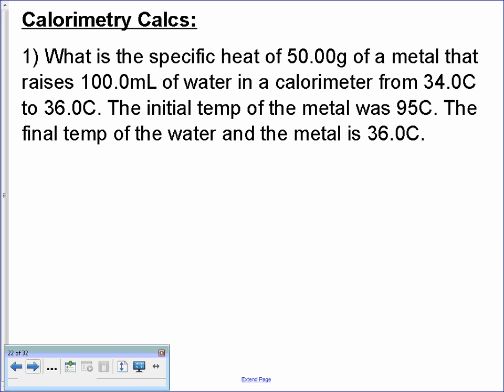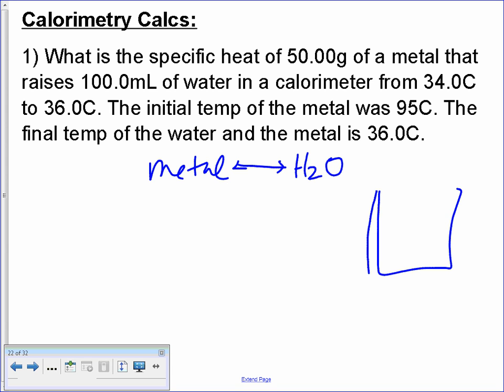All right, calorimetry. This should ring a bell. I want to pull some of this back to the forefront of your brain, because you know this stuff. Whenever you're given calorimetry problems, that generally means some exchange of heat between a substance and another substance. A lot of times, it's between a metal and water. The metal is dropped into a coffee cup calorimeter. It's a styrofoam cup.